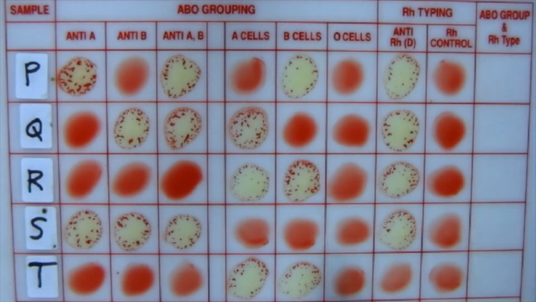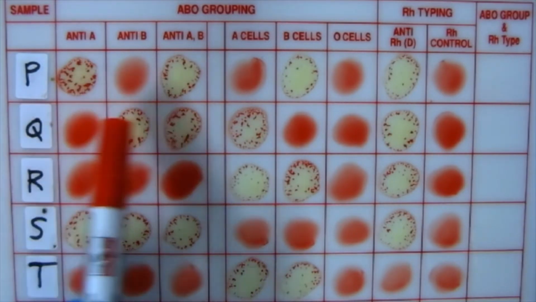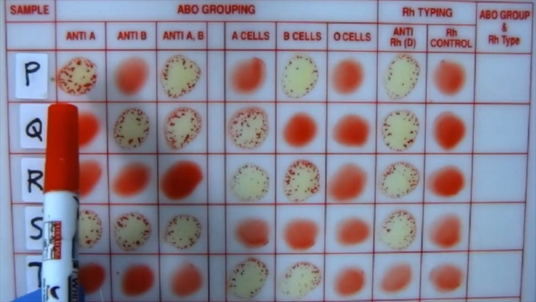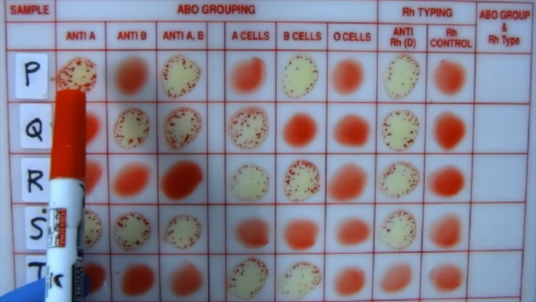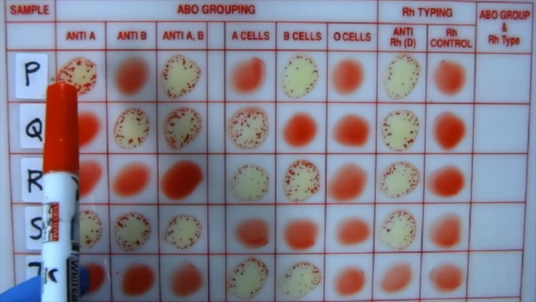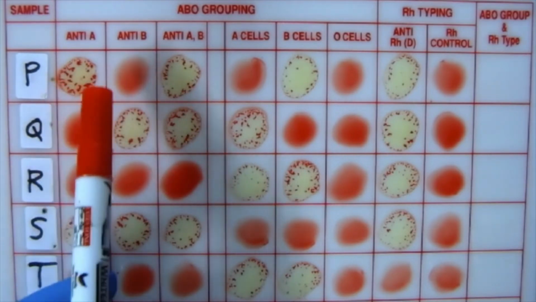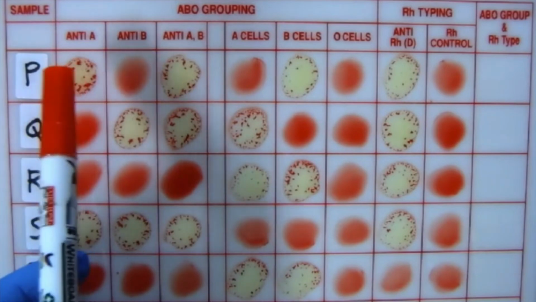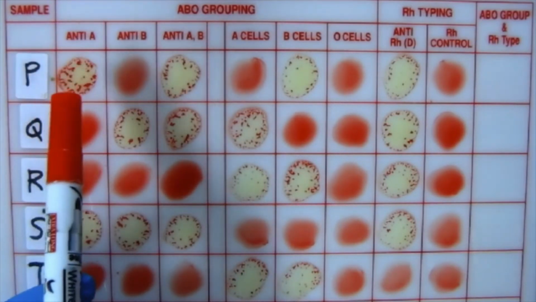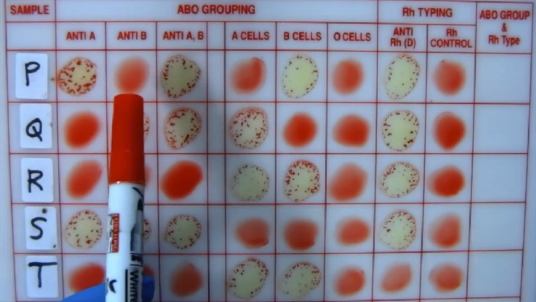Let us continue. Have a look at patient P on the direct grouping section. Patient P is reacting to anti-A. So that means the patient cell has antigen A. The patient has antigen A on its red blood cell surface. We move to anti-B.